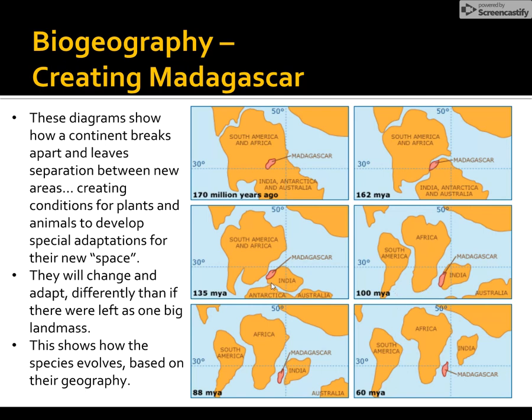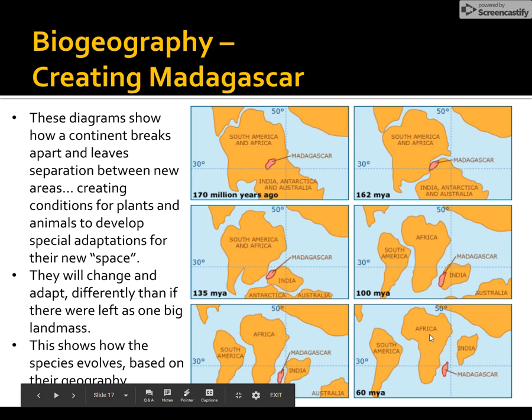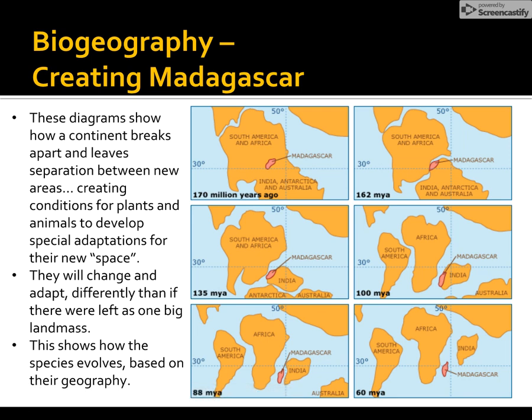So if we think about organisms that establish themselves in a certain area, and then that area starts to break apart and they lose contact with members that were originally their neighbors, but now live across a small channel, and then they further break apart and further break apart, you can see some similar species that have very wide diversity, and that starts creating special adaptations that those species might take on as they acclimate or adapt to their new space.